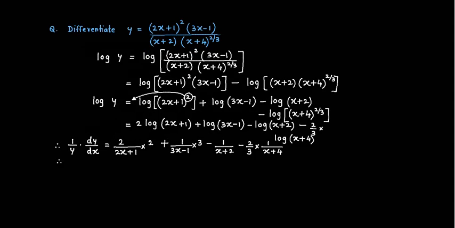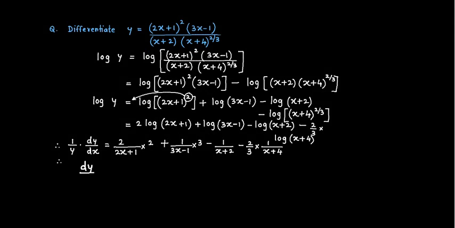Alright, finally whenever we want to write the derivative, that is dy by dx, the only last step now is we have to bring the y which is on the left hand side to the right hand side.